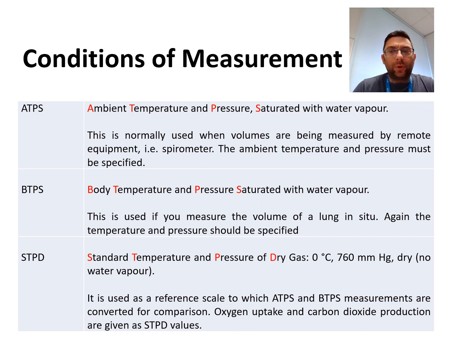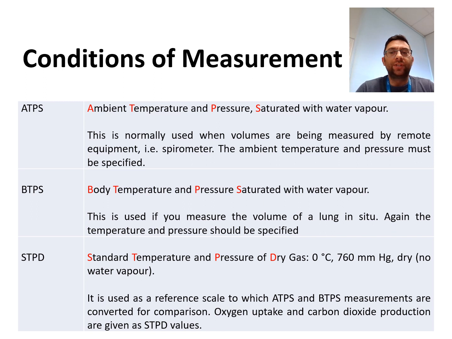Okay, and lastly, before we get into the calculations themselves, there's three key conditions that you need to take into consideration when you're doing these respiratory calculations. So the first one is referred to as ATPS, or ambient temperature and pressure saturated with water vapor.